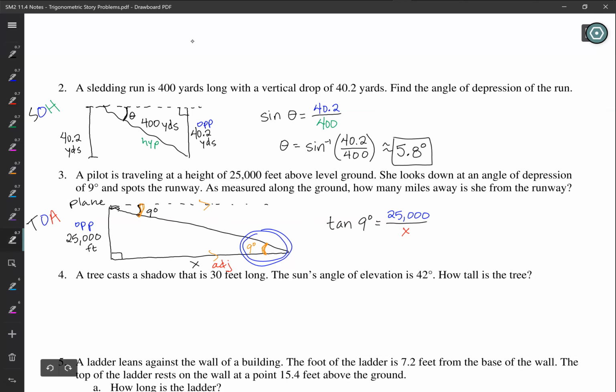So since the X is on bottom, two steps, multiply both sides by X. You get X times the tangent of 9 degrees equals 25,000. Oh, that was weird looking 0. And then divide both sides by tangent of 9 degrees.